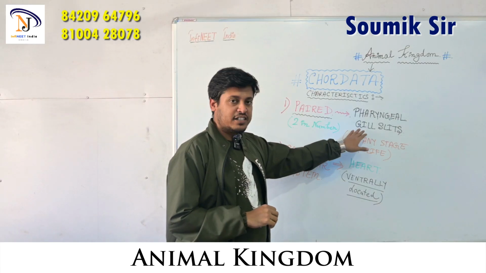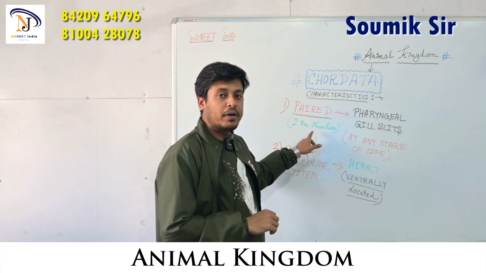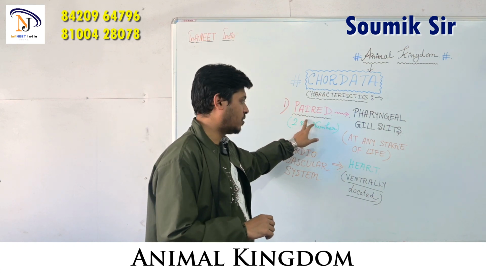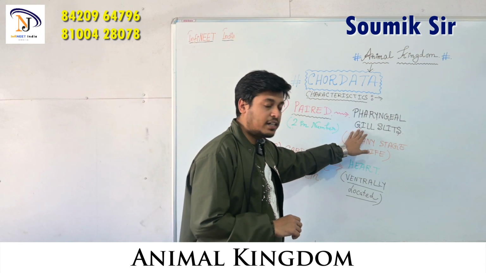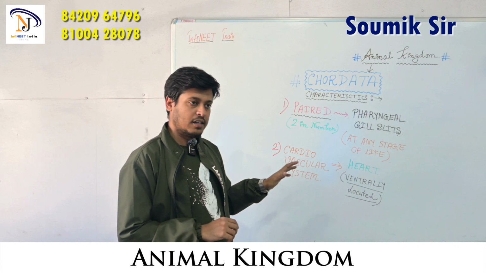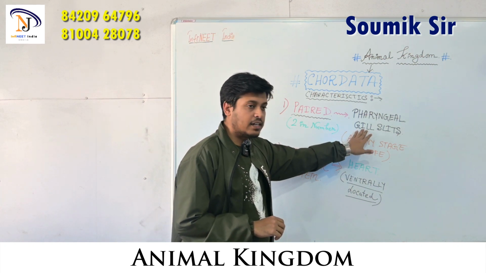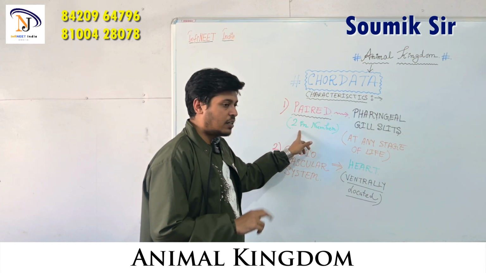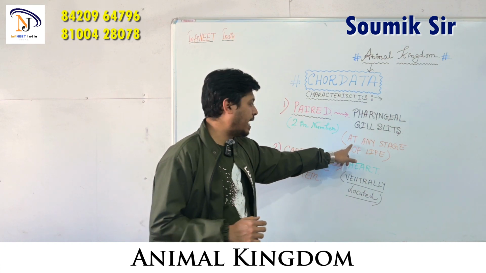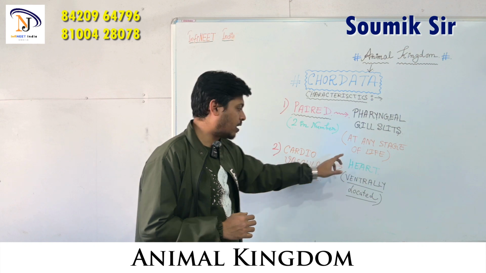Next, pharyngeal gill slits. The pharyngeal gill slits are paired, two in number. Remember that, they are present at any stage of the life cycle.